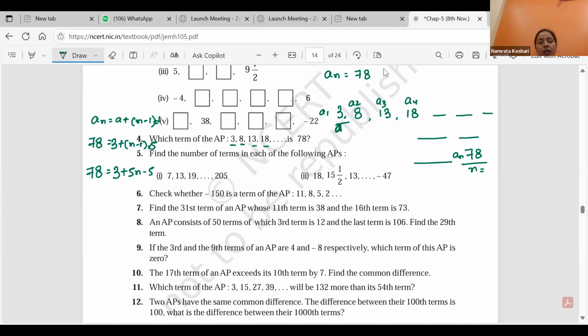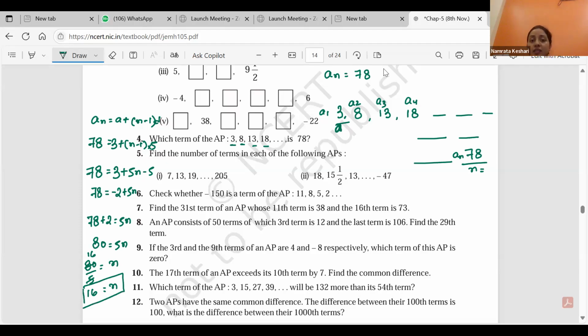Okay, 3 minus 5 will be minus 2, plus 5n, that is 78. Now 78 plus 2, that is 80, equals 5n, and n is 80 by 5. n is 16.